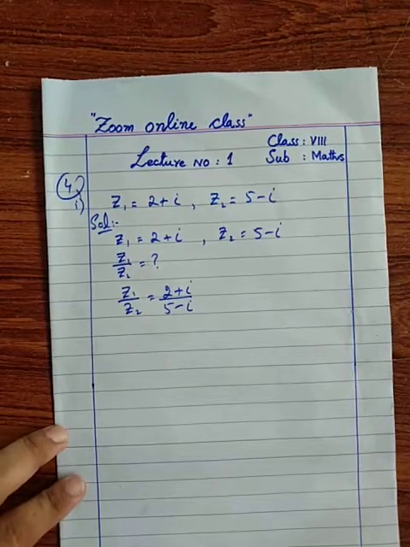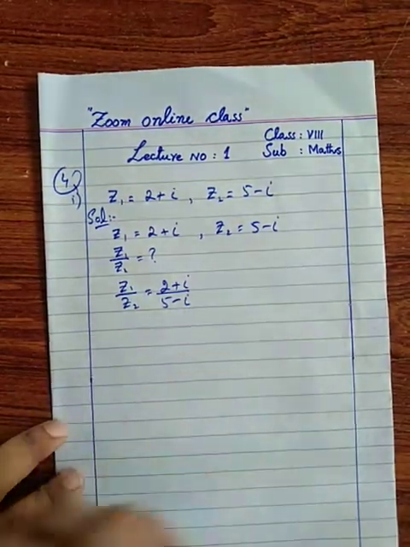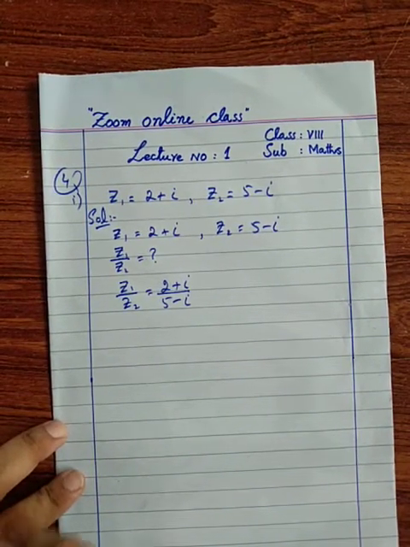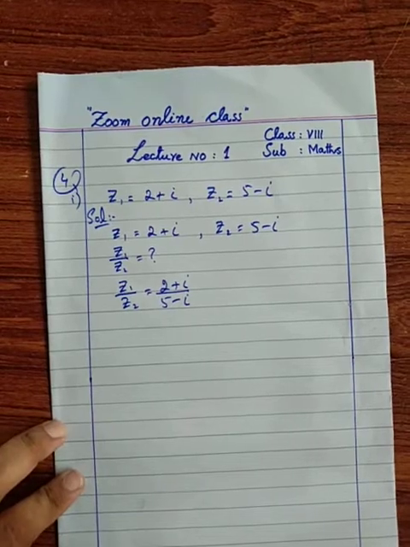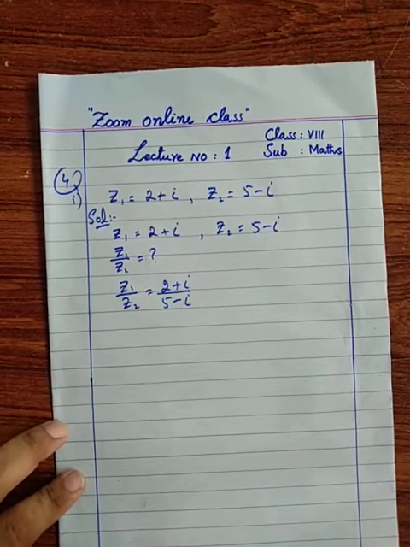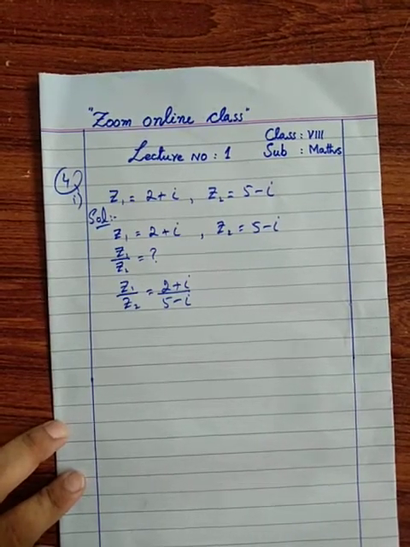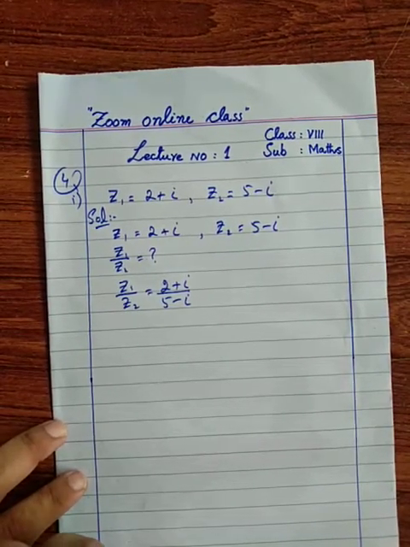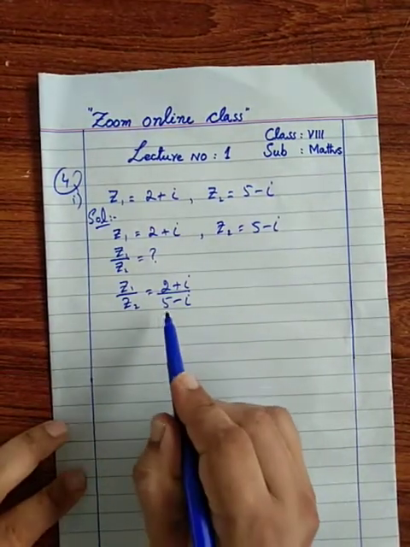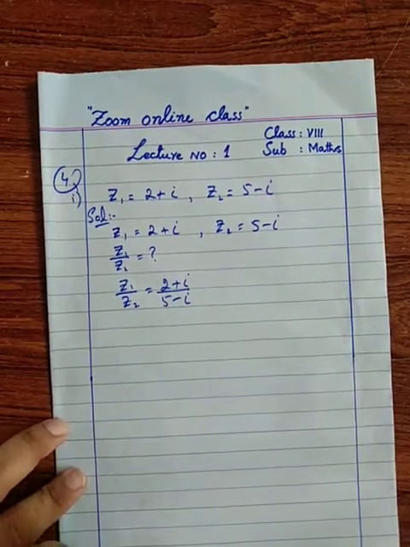After it, we eliminate the iota symbol from the denominator. For removing the iota symbol from the denominator, we take the conjugate of the denominator value, or we can say we will multiply and divide by the conjugate of the denominator.